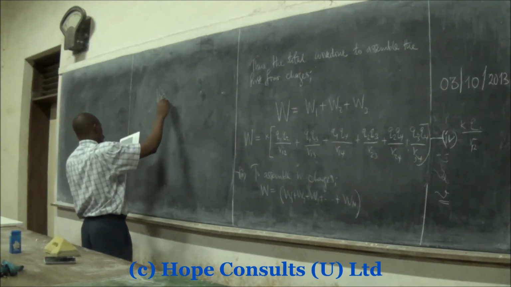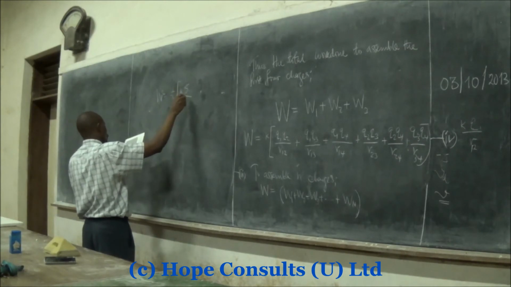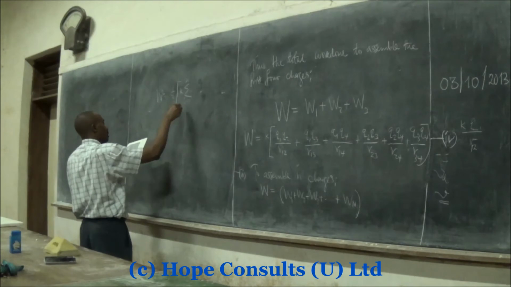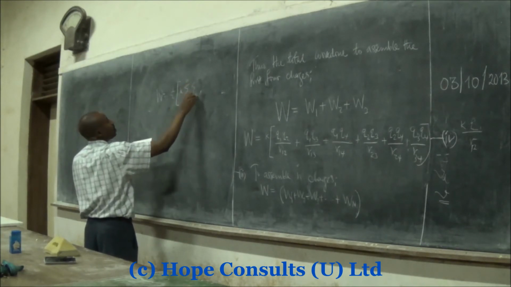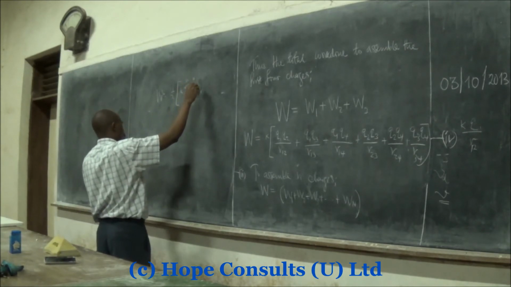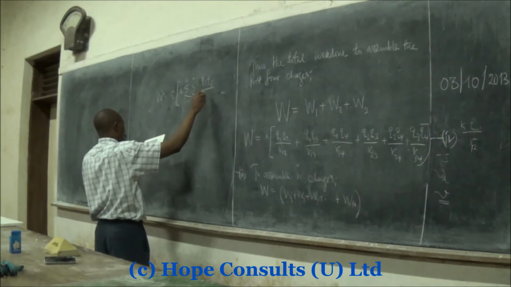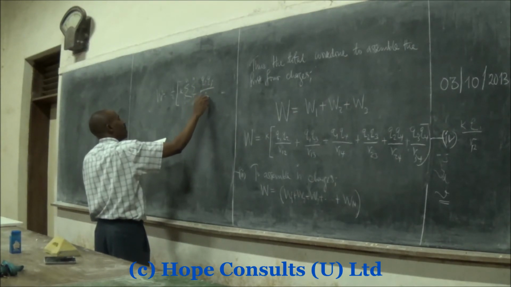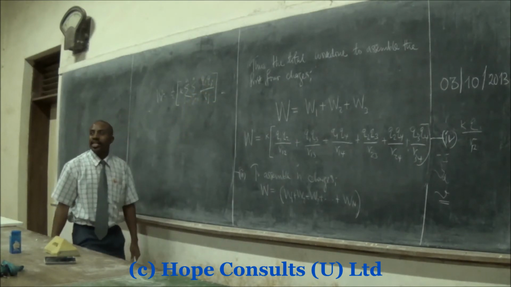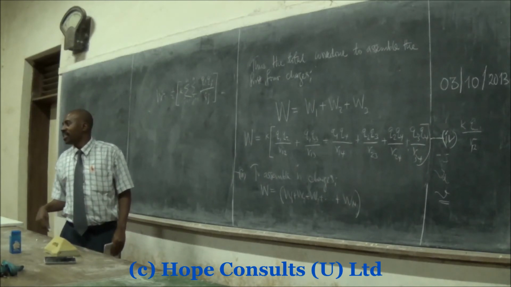Would be equal to a half k, summation i equal to 1 and summation j equal to 1 up to n, qi qj divided by rij, and you will never have a charge being introduced finding its own self.